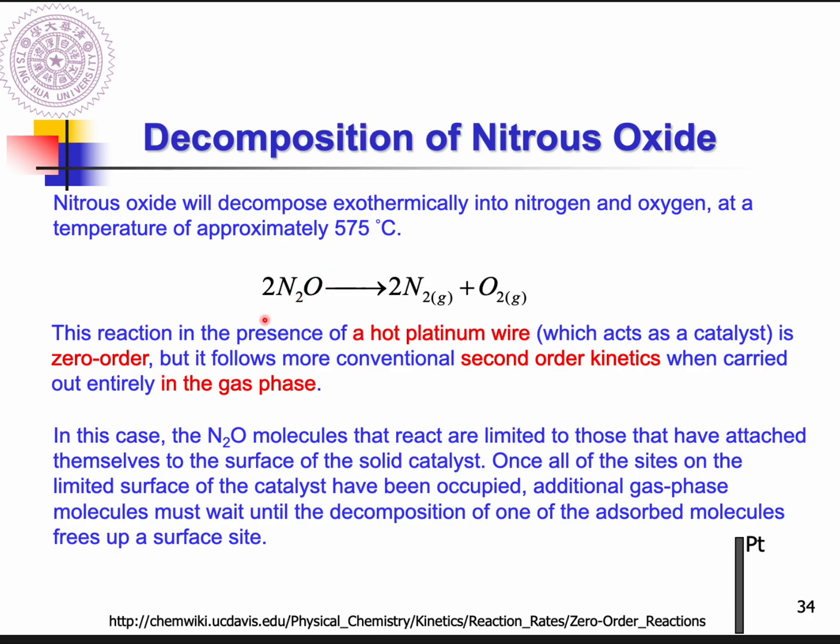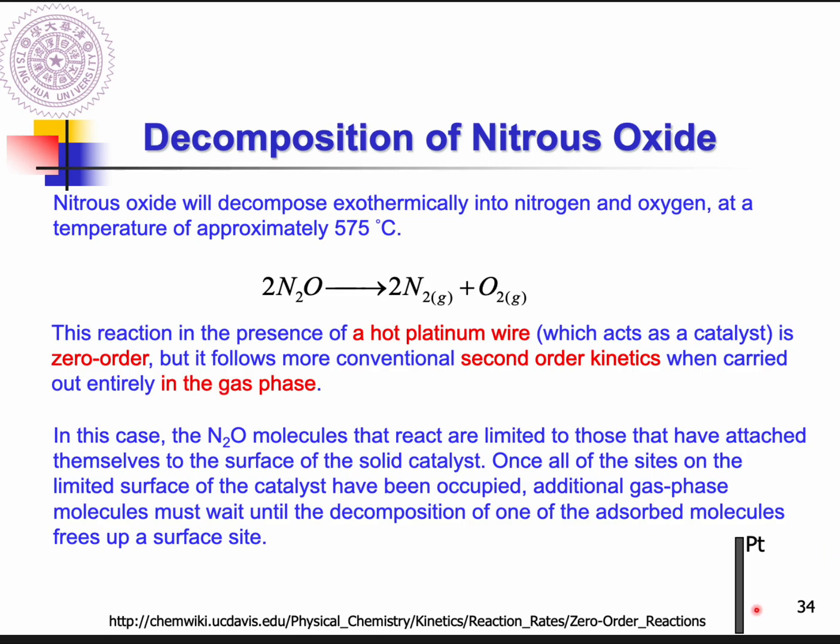If you want to decompose the nitrous oxide at a lower temperature, one way is to put in a catalyst. The catalyst for nitrous oxide decomposition can be a hot platinum wire. So the reaction will belong to zero order.